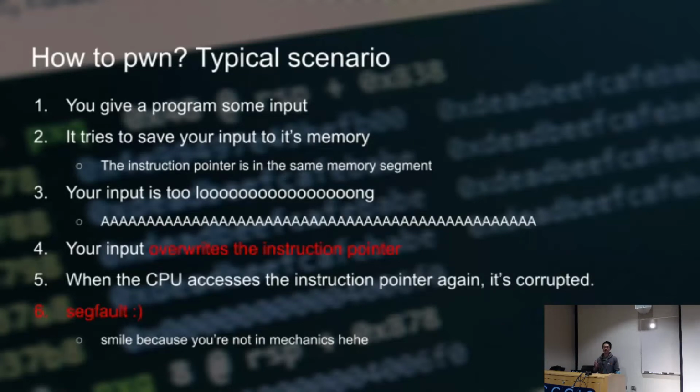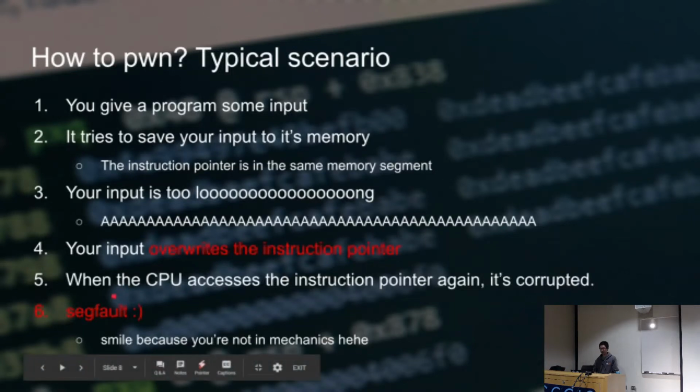What happens when you give it a really long input is that it overrides the instruction pointer that I mentioned before. So when the CPU tries to access this instruction pointer again, it's already corrupted and overwritten by your data, and the program is gonna fault. If you're not in mechanics, then you should be happy about that.